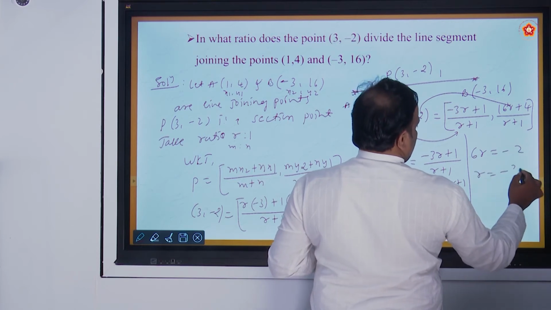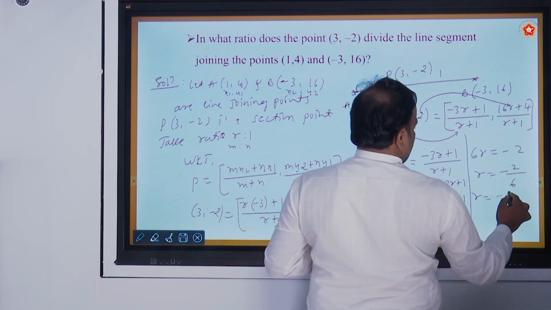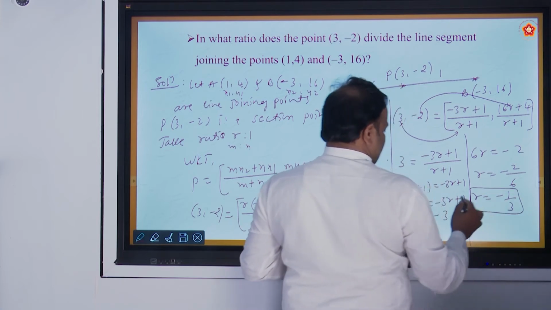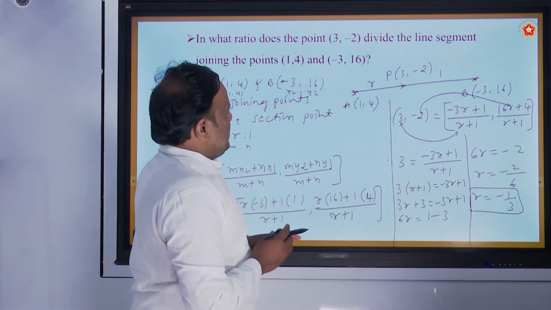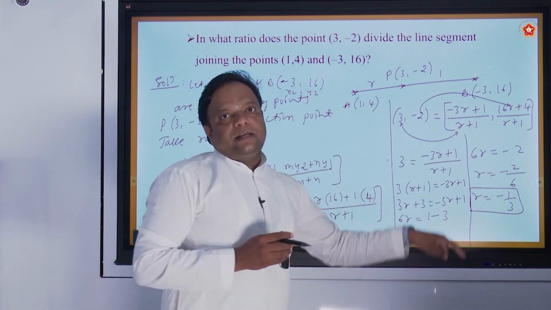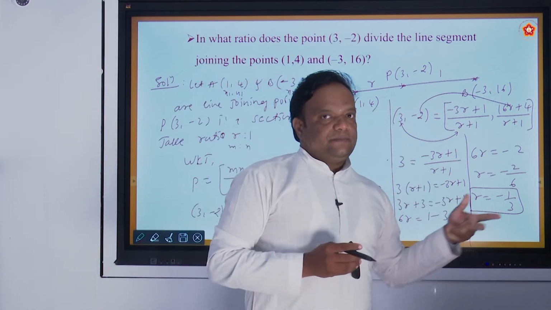R is equal to minus 2 by 6. What is r equal to? Minus 1 by 3. See, r equal to minus 1 by 3 means the point P divides AB externally. The minus sign indicates externally.